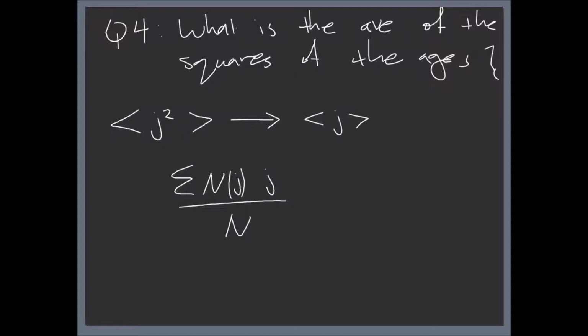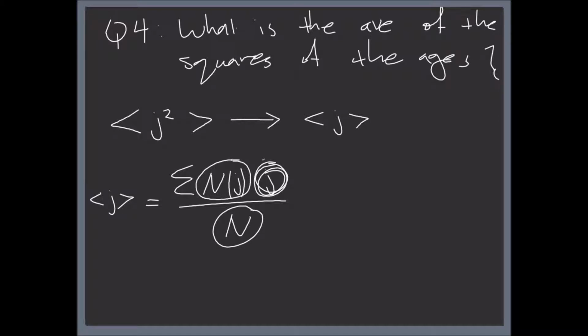So this is the expectation value of J. So if that's J, the square of that, we're just gonna have to square this piece here.